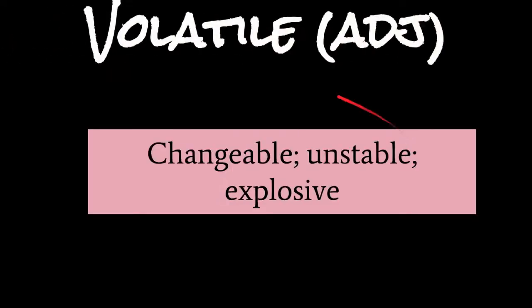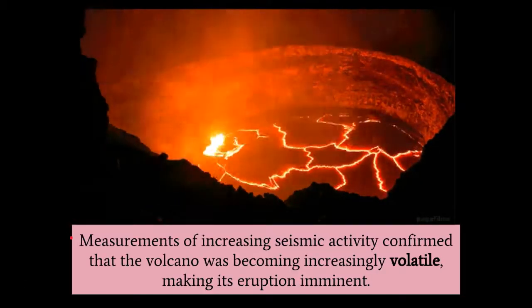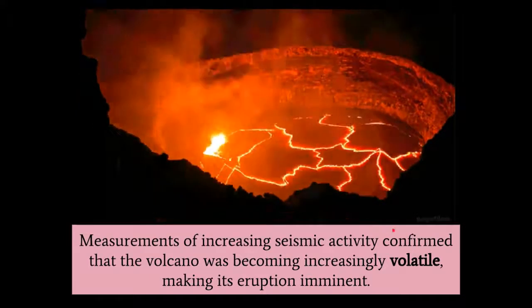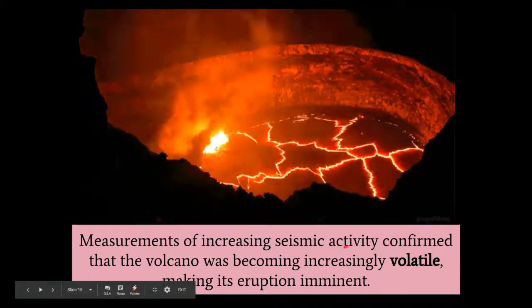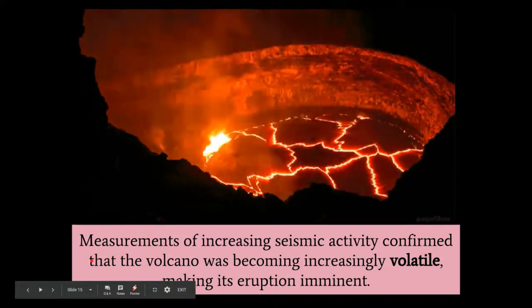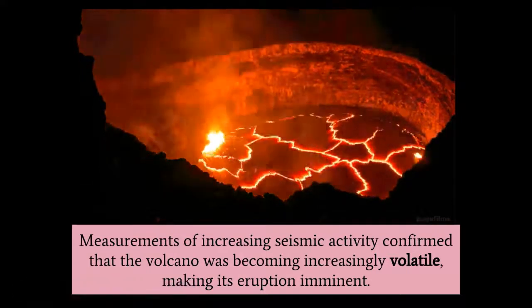For our next word, we have volatile, which is an adjective, which means changeable, unstable, and explosive. So, for instance, here we have measurements of increasing seismic activity corroborated, if you remember that vocabulary word, that the volcano was becoming increasingly volatile, making its eruption imminent.